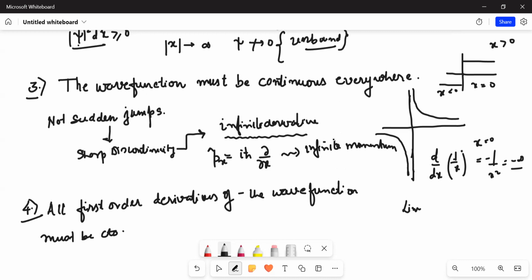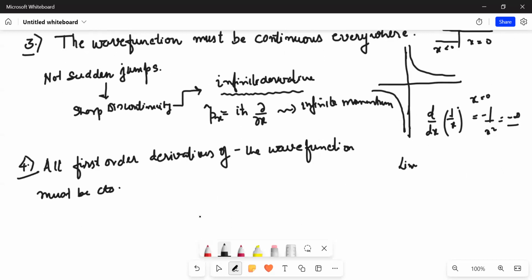So one can clearly see that an infinite derivative would imply an infinite momentum, or it will violate condition number 4, which suggests that all the first order derivatives of the wave function must be continuous. There's another way of looking at it: if the first order derivative, psi dash, is discontinuous, then one cannot define the second order derivative.